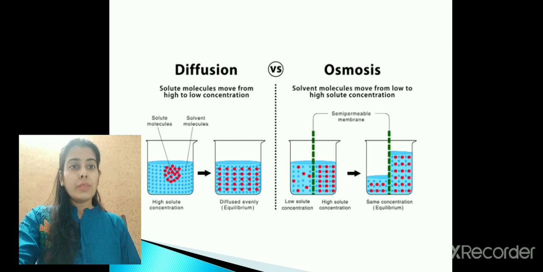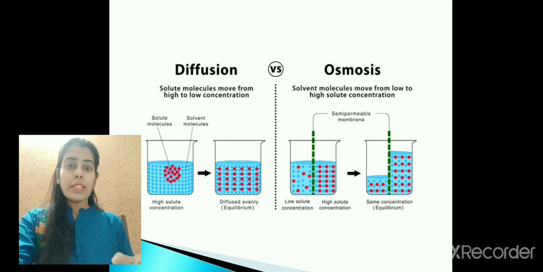As it's visible in the slide, in the first part of the osmosis, they have placed a semi-permeable membrane, and from there the solvent molecules are traveling to the place where we have a higher solute concentration. Now this process occurs when the plants are absorbing the water and minerals from the soil through their root hairs. This absorption occurs with the help of osmosis.